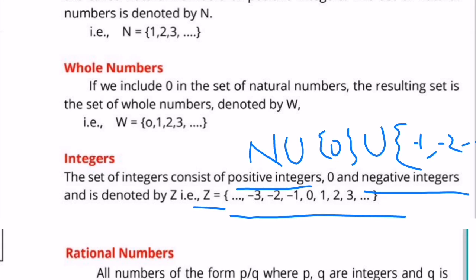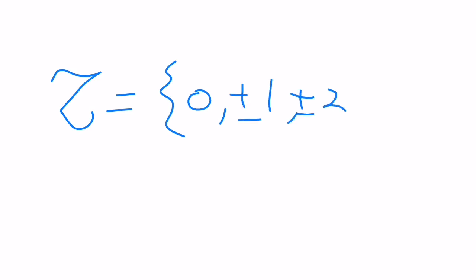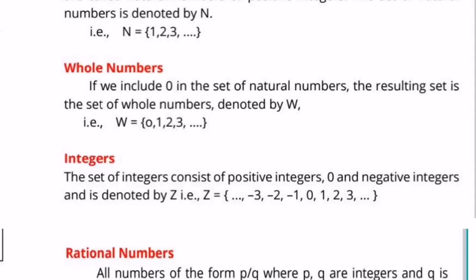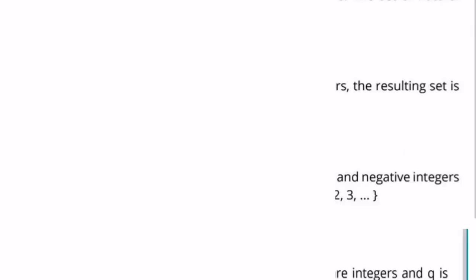This set is also denoted as 0, plus or minus 1, plus or minus 2 and so on. So this means that natural numbers are contained in whole numbers, and whole numbers are contained in integers.